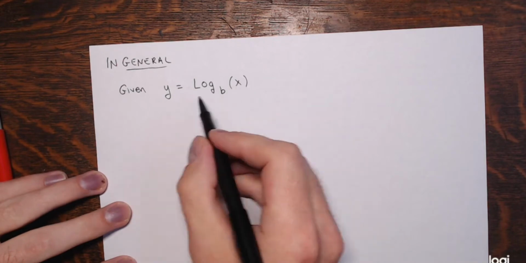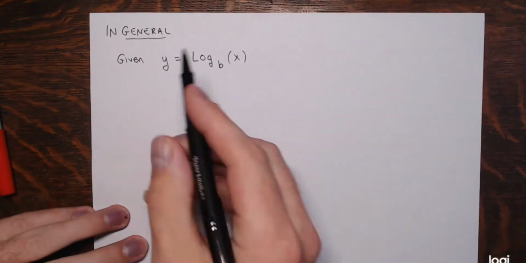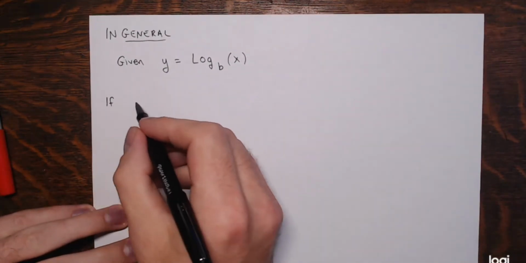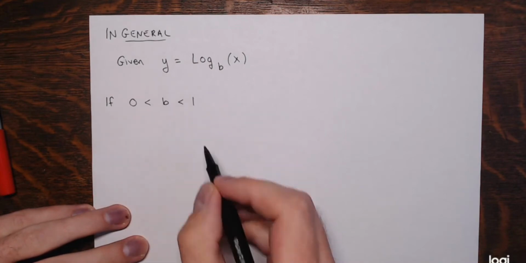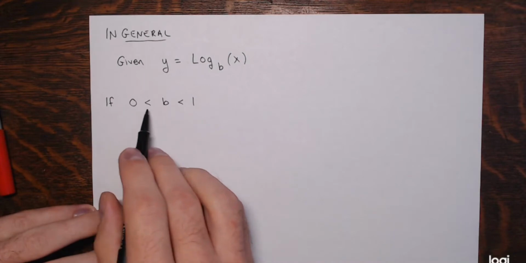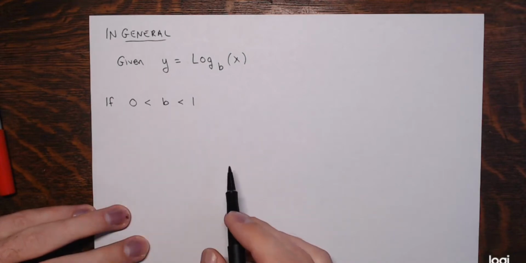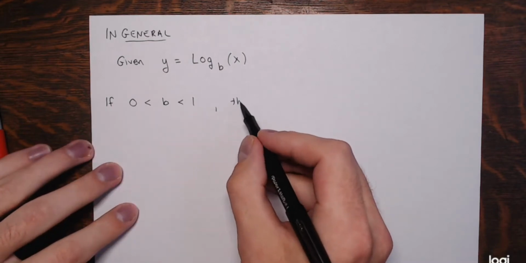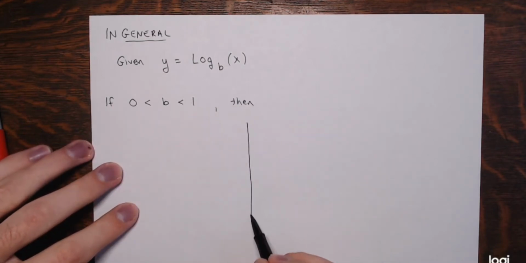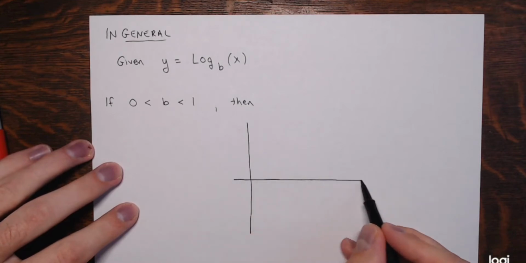A very basic logarithmic function. This time, if the base is between 0 and 1, it's still positive, that's why I have it greater than 0, but if it's less than 1, like 1/3 or 0.4, as we saw, then the graph will look like this.